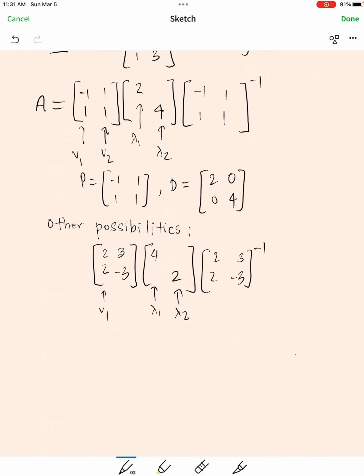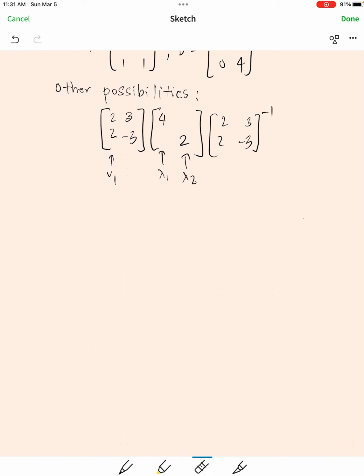Now we should do an example where the matrix is not diagonalizable to see what happens. So let's take a look at an example. This is a very typical example. Let's say that you take this matrix 2, 1, 0, 2.